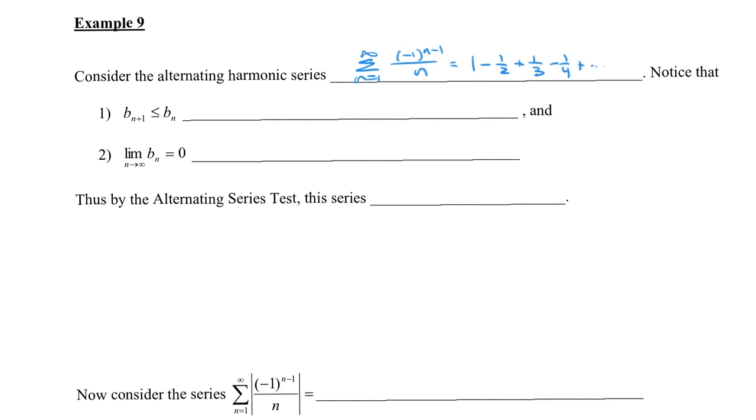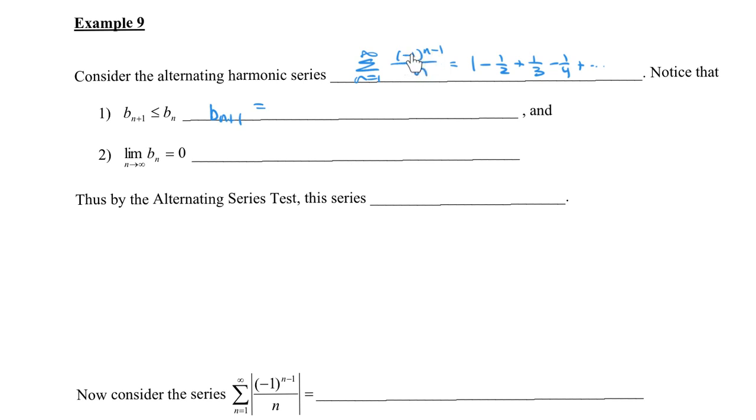We've seen this one before. And notice that b sub n plus 1 is less than or equal to b sub n. Remember, b sub n is the absolute value of a sub n.